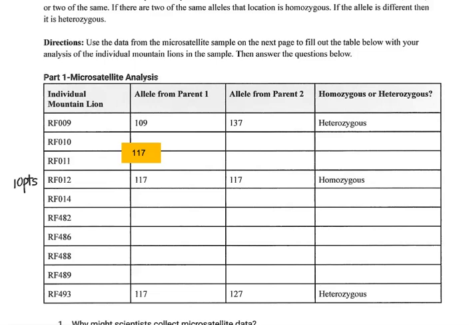Oh, I hit it too quick. 137. I'm going to move that up here, and then I'm going to write heterozygous.